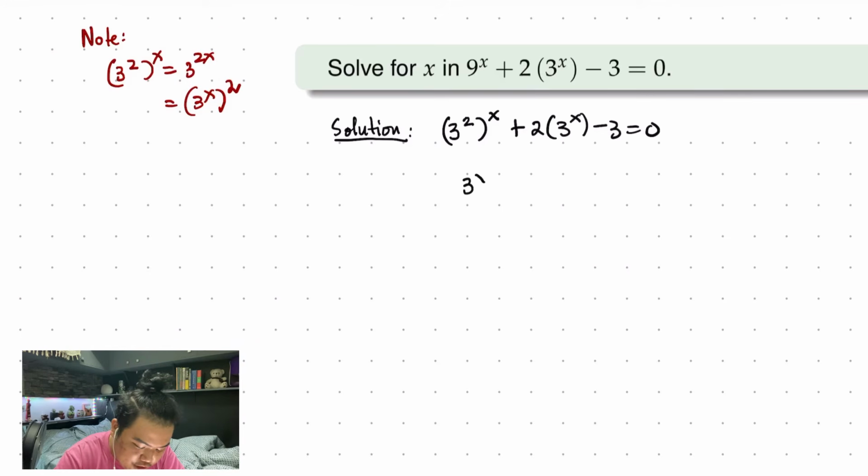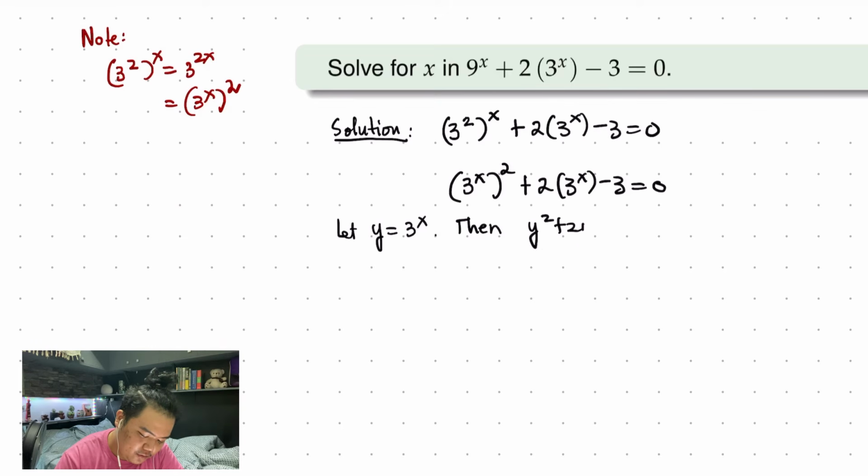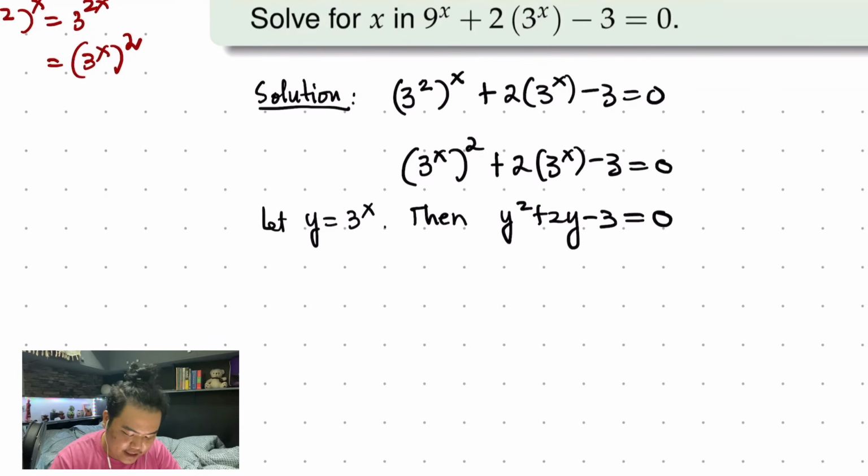So, hindi pa ba fishy ito? Ayan. So, kung hindi nyo makita, i-let y, yung mga umuulit-ulit. Meron na tayong y squared plus 2y minus 3 is 0. Hala, quadratic form lang pala siya. Equation quadratic form. Ay, masasolve na natin to.